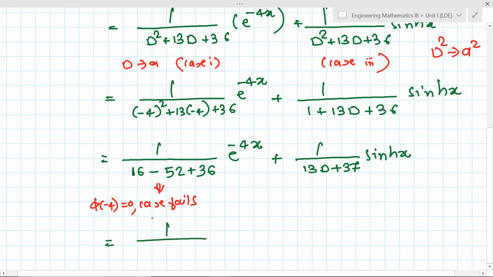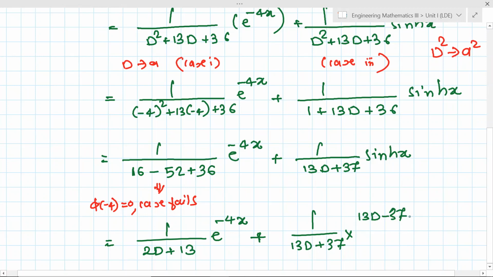This is 1 upon, what is the derivative of D square plus 13D? It is 2D plus 13 into e raised to minus 4x, plus 1 upon 13D plus 37, into 13D minus 37 divided by 13D minus 37.